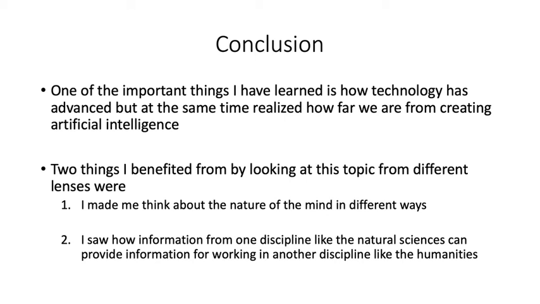The next part is, what is it you've learned by looking at a topic from these different lenses? What do the two lenses help you see by using different lenses to look at a topic? So in this way, it helped me think about the nature of mind in different ways. I had the quantitative and the qualitative perspectives that I was able to draw out of there. And I also saw how one discipline can provide information for another one.